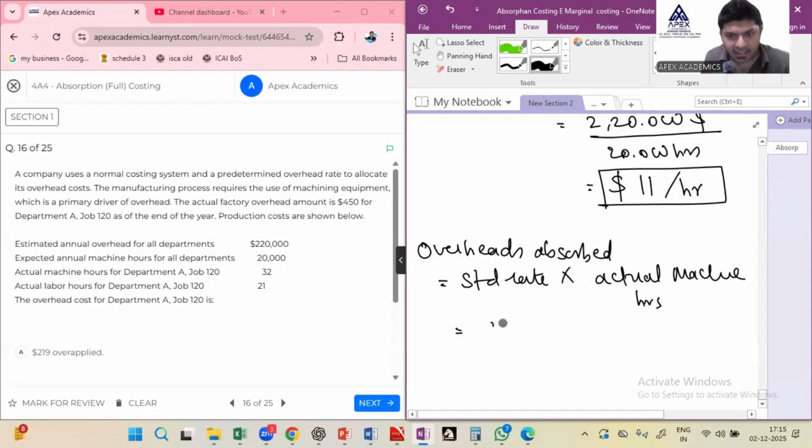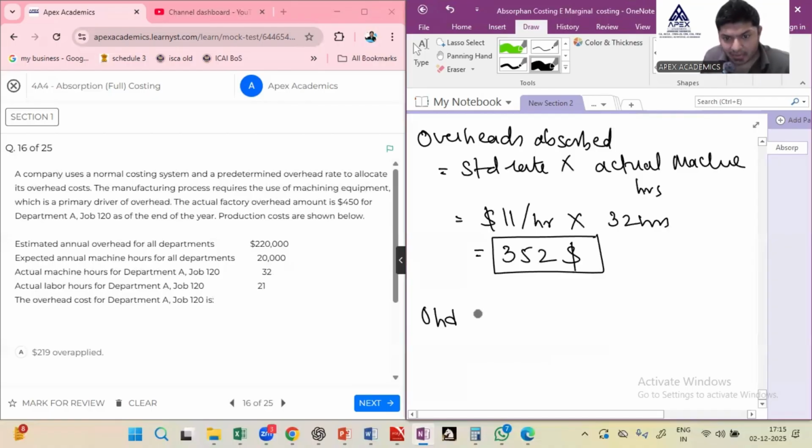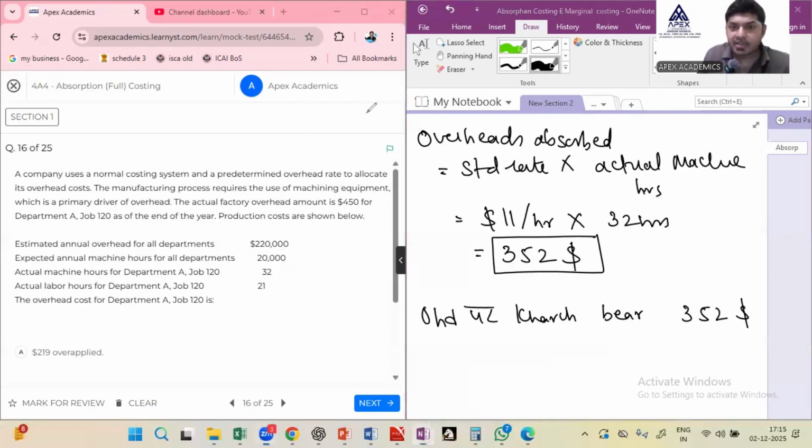Sir, my standard rate is $11 per hour and my actual machine hours are 32 hours. Sir, it shows that I have absorbed $352. This means the overhead expense we could bear was $352. Sir, it's like Papa sent us to the market with $352 and said, son, go shopping. We blew 450. How much did we overspend?